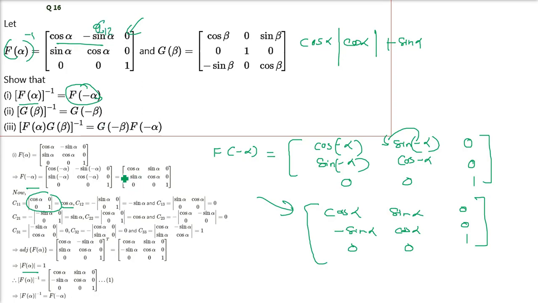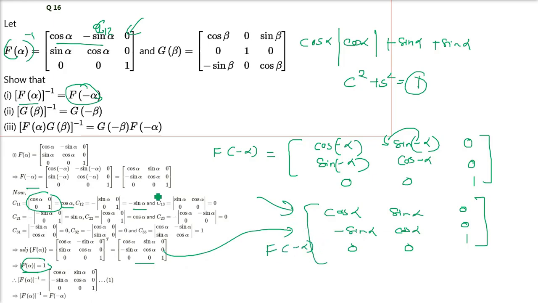Let us see C12 here. So you have a minus sin alpha, this was already minus, so it becomes plus. So let me replace this negative with plus. So cos square, as I said, minus was there, so it will be cos square plus sin square, and sin square theta plus cos square theta is going to be 1. The determinant is 1. So divide this matrix, that is the adjoint of F alpha, by 1, and that will be exactly similar to this one.